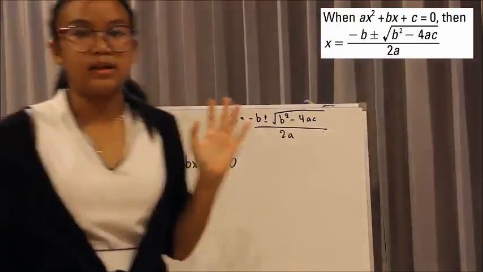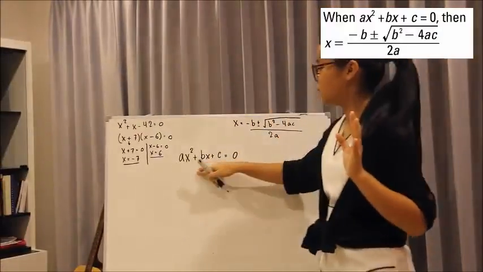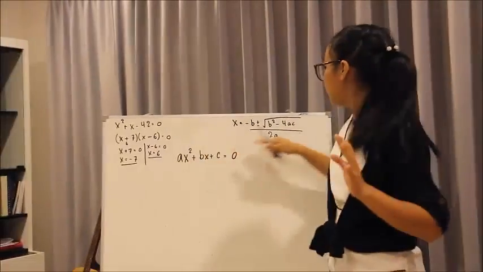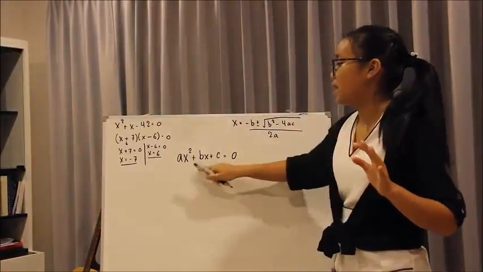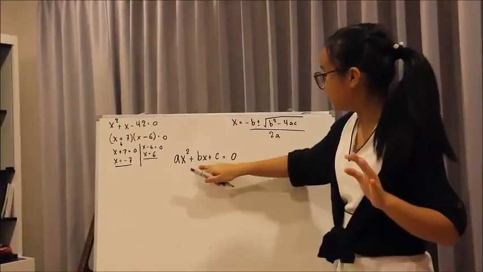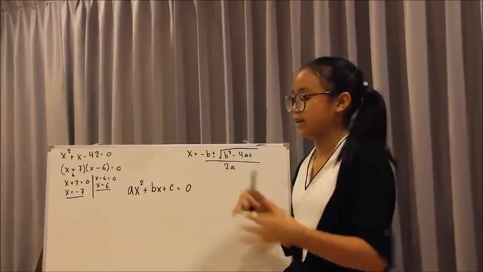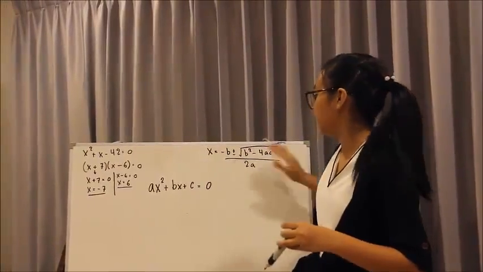What are a, b, c? Your a, your b, your c. Whatever number is a, for example 2, that would go right there. If your b is 6, right here would be 6 or negative 6, and right here would be 36.